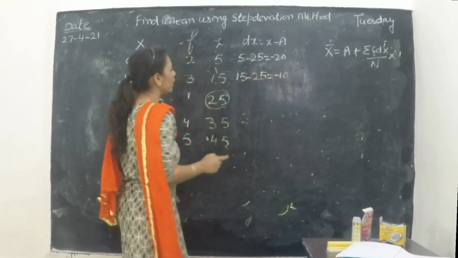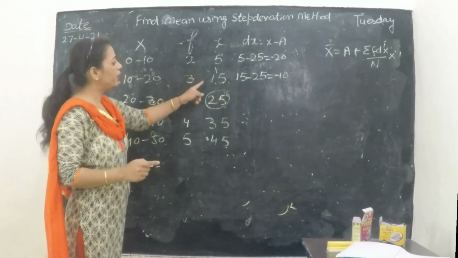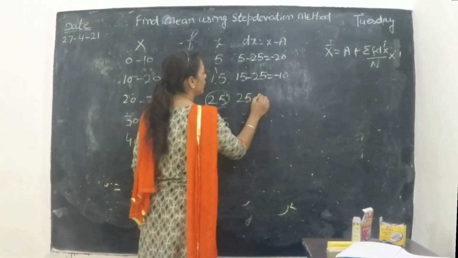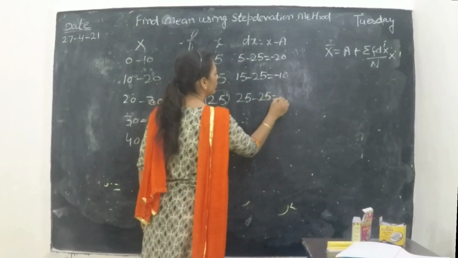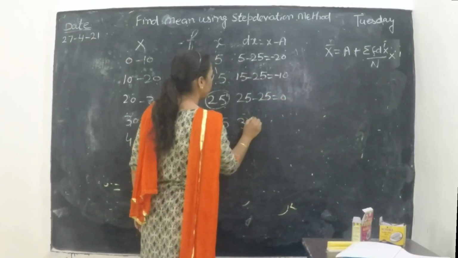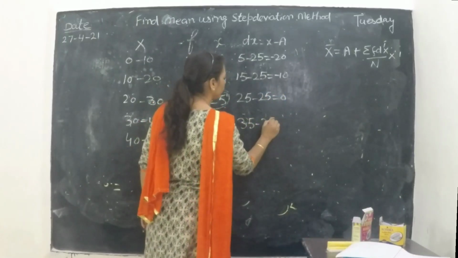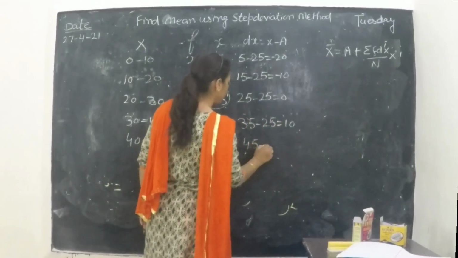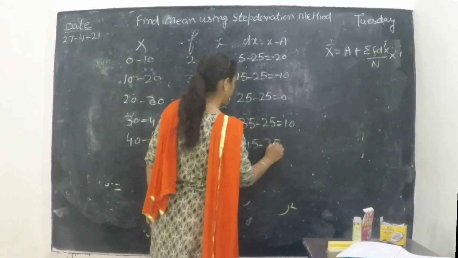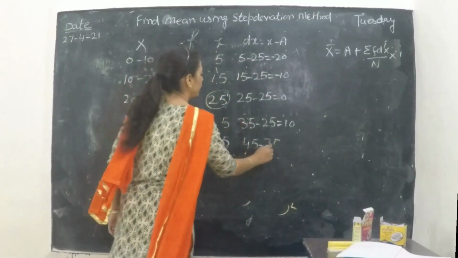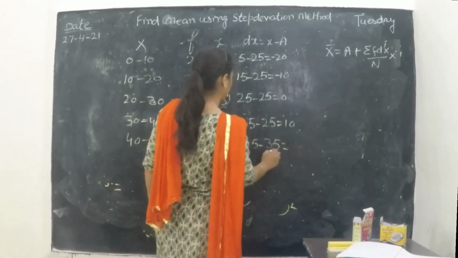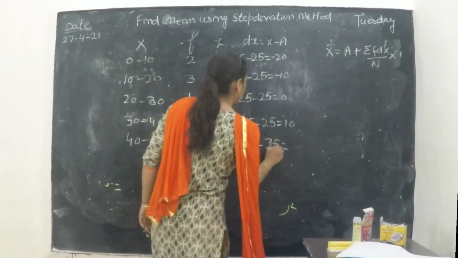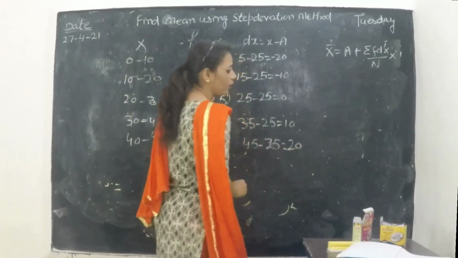We will subtract the assumed value from each value of x. 25 minus 25 is equal to 0. 35 minus 25 is equal to 10. 45 minus 25 is equal to 20.